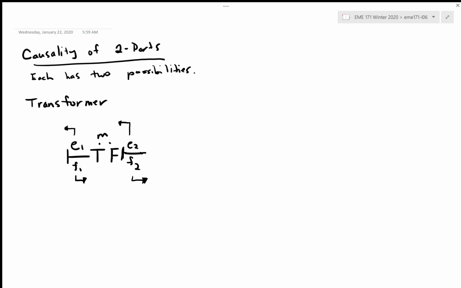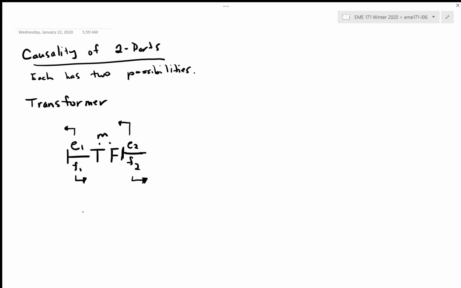So the way to see this is that for a transformer, if the flow is an input on the left side, it has to be an output on the right side, and then the same for the effort. If the effort is an input on one side, it has to be an output on the other side.